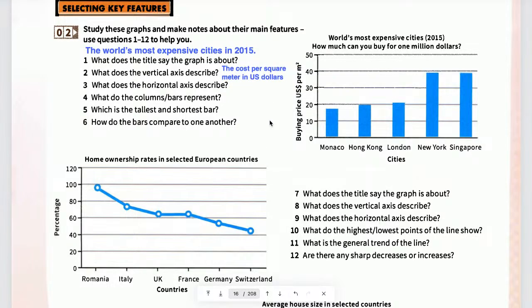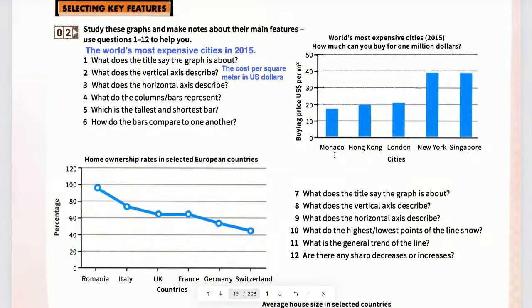Alright, similarly, number 3, what does the horizontal axis describe? Hương, first of all, tell me the main things there. What can we see there? What is mentioned in the horizontal axis? Cities, right?